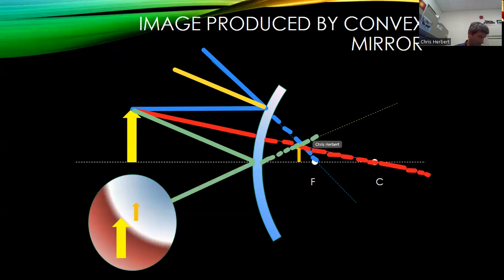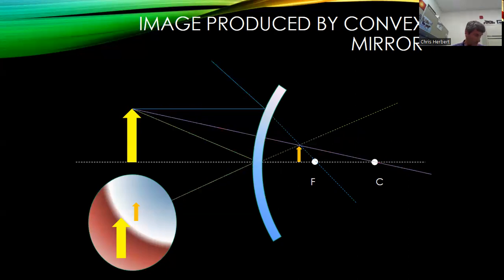So again, where those 3 rays intersect is on the virtual side of the mirror. So again, that is not a real image. We can see that also the image has a smaller magnification, and that will always be the case with our convex mirror.